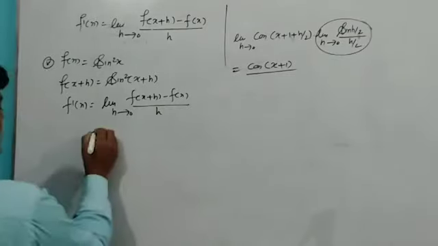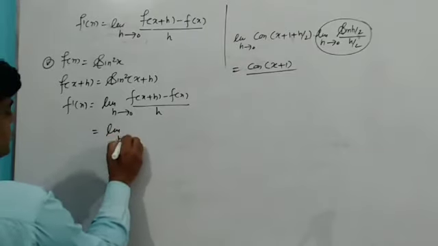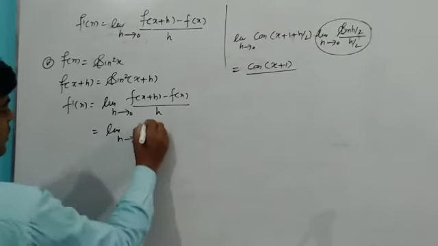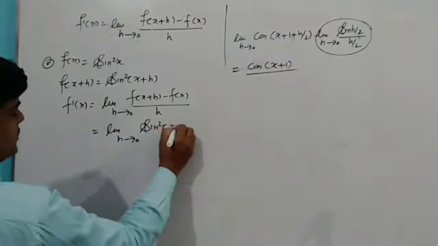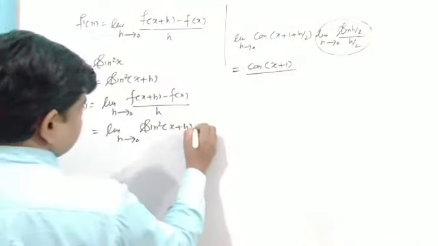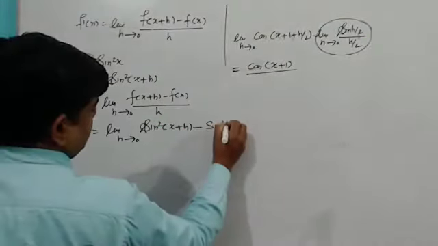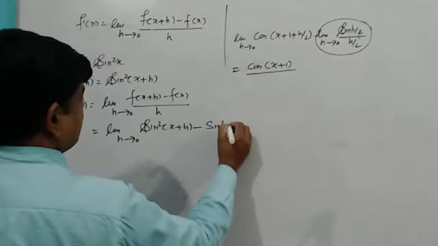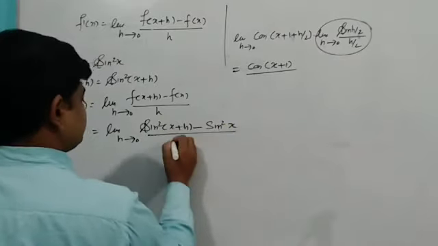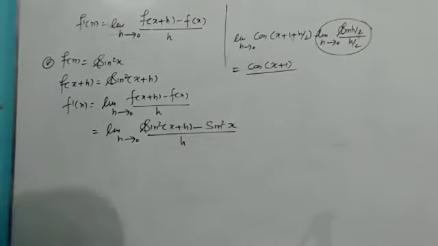Now the limit as h tends to 0 of [sin²(x+h) minus sin²x] whole upon h.